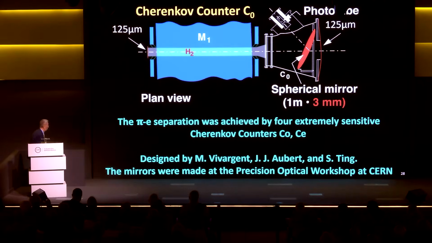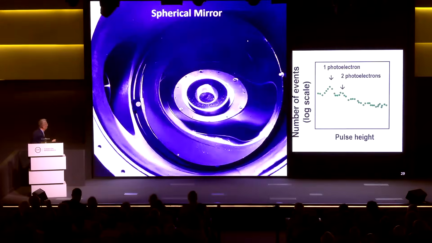The mirrors were made at the precision optical shop at CERN. This is a picture of the mirror, and this is the photomultiplier, and here you can see the detection of 1 photoelectron and 2 photoelectrons.